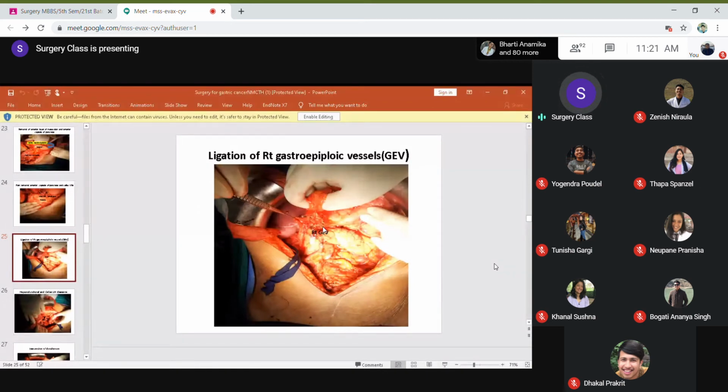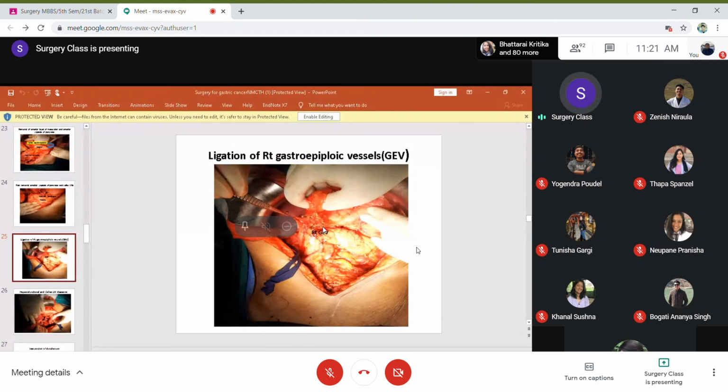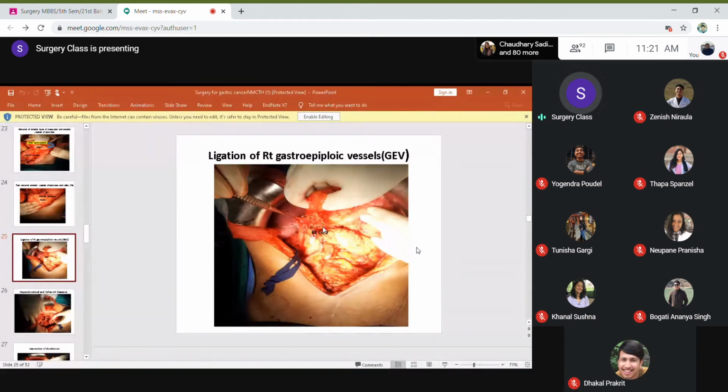So the gastroepiploic vein will drain into the gastrocolic trunk, and then it will finally drain into the portal vein. So you have to separate that gastroepiploic vein to remove the stomach. Are you seeing that?